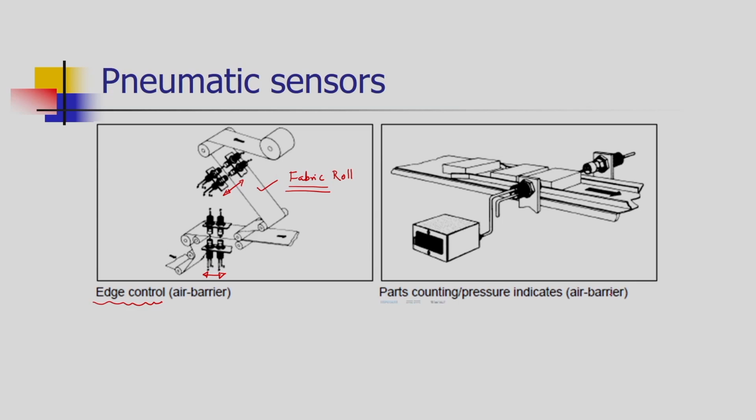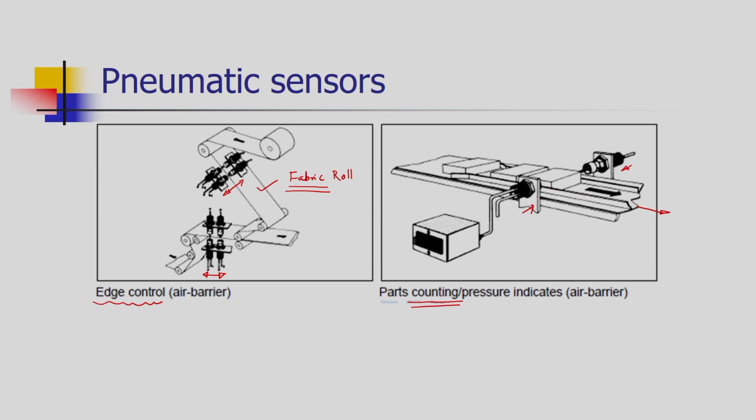Then pneumatic sensors are also used for counting purposes. If you consider a conveyor, and over this conveyor the boxes are moving, and we need to find out how many boxes are passing over a period of time over the conveyor, for that purpose, a pneumatic sensor can be mounted.